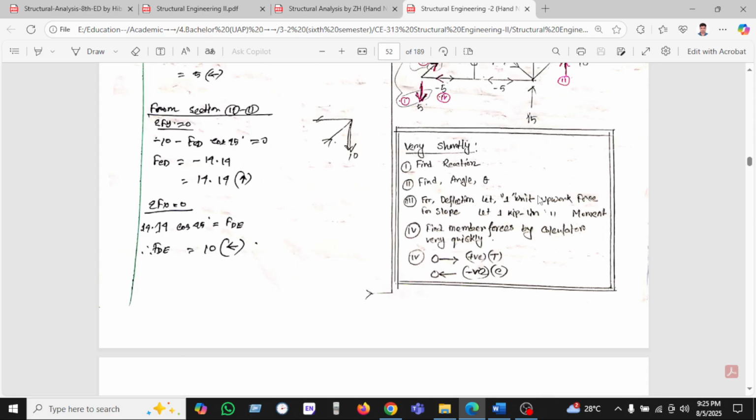Let one unit load act upward, and find the slope for the one unit load. Then find the member forces by calculating very quickly. I will show how we calculate, with positive as tension and negative as compression.